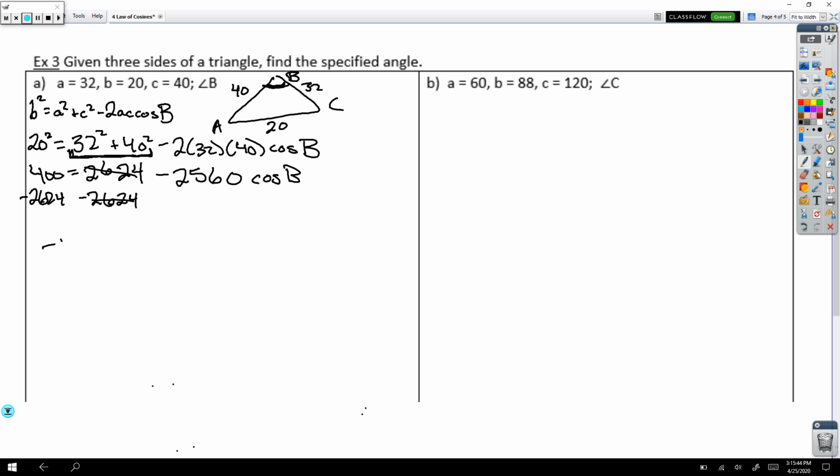That would leave me with negative 2224 equals negative 2560 cosine of B.